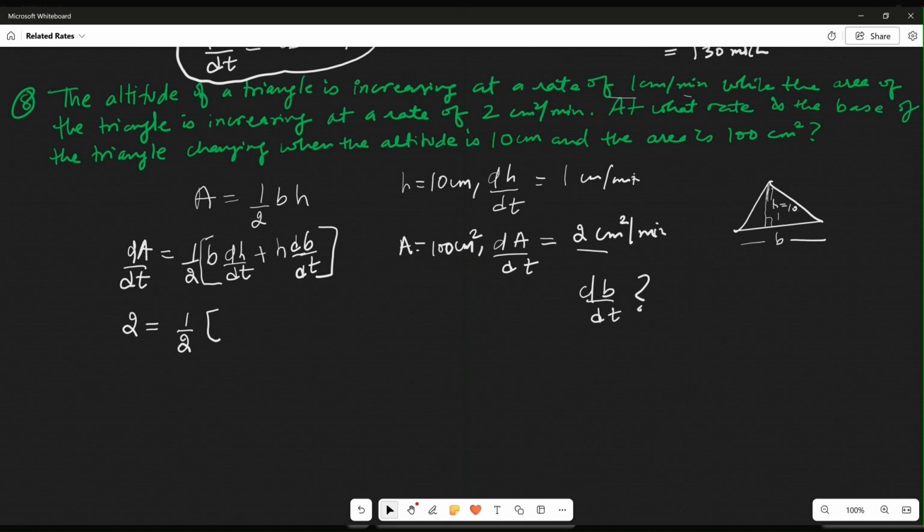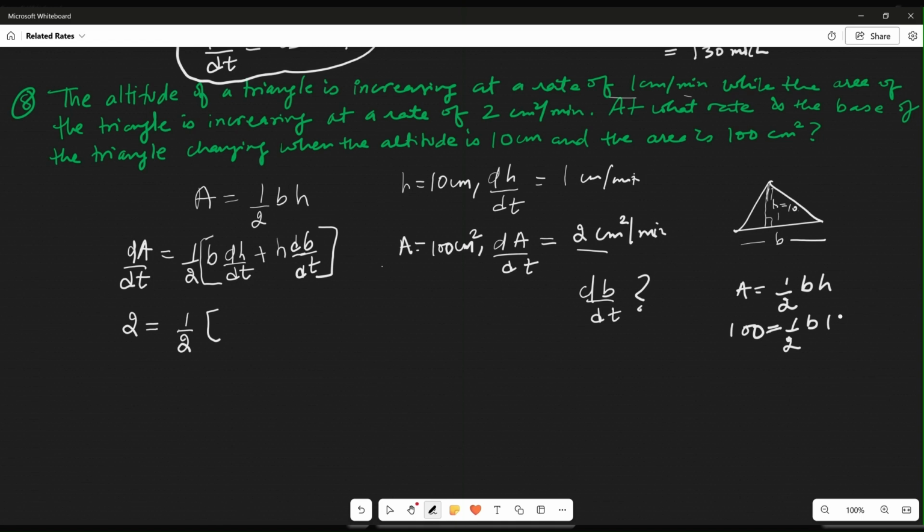If we already have the height and area, we can calculate the base as well, right, as we have done previously. So area is half times base times h. Area is 100, half times base times height, which is 10.